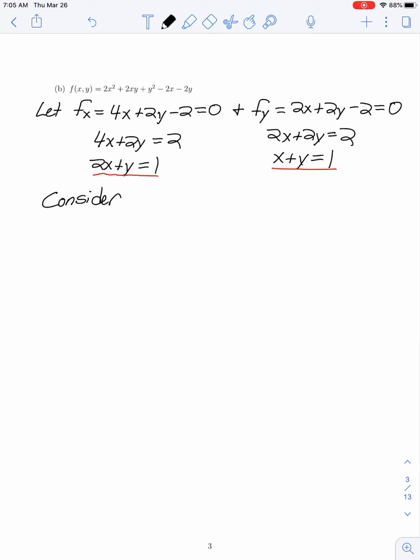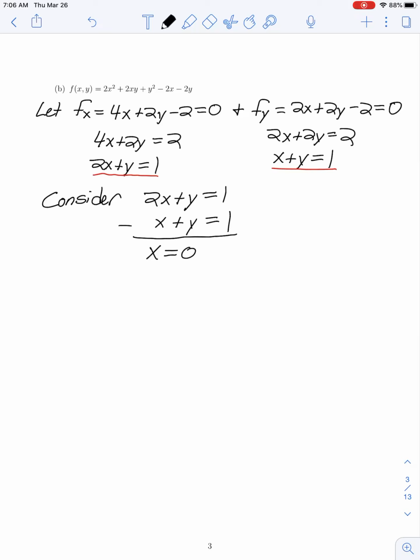So let's consider this system of two equations together. Here I'll say, let's consider 2x plus y equals 1 and x plus y equals 1, this system of two equations. So there's a number of ways I could go about solving for x and y here. My personal preference in this case would be to take the difference of those two equations to eliminate the variable y.